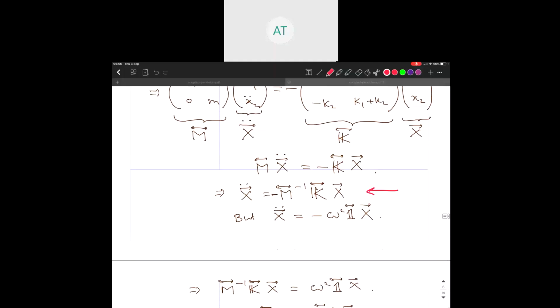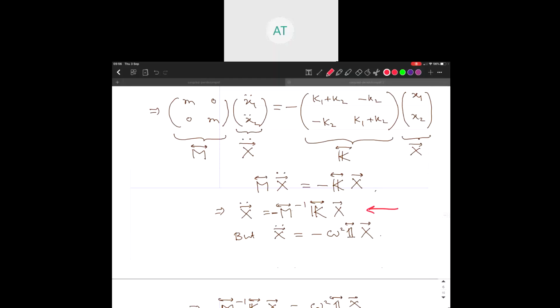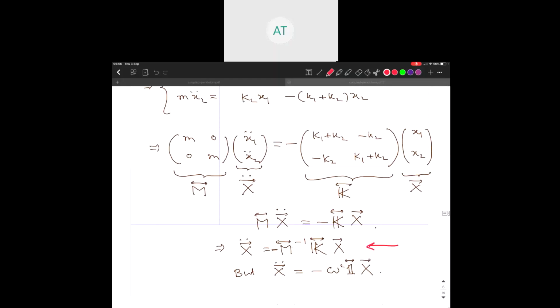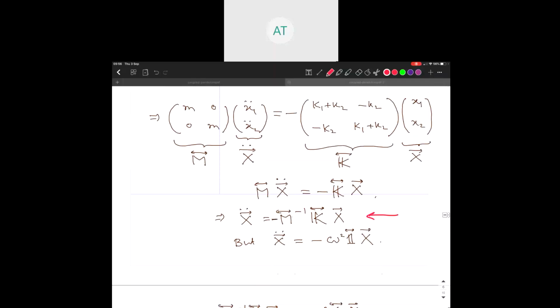Therefore, we arrive at an equation which reads M inverse K x equals omega square x, right? Because x double dot was minus M inverse K x, and x double dot is also minus omega squared identity x. So M inverse K x equals omega square x, and this converts into an eigenvalue problem now.